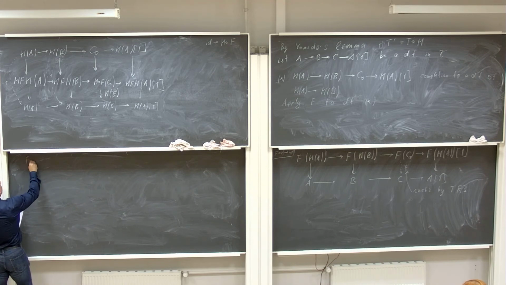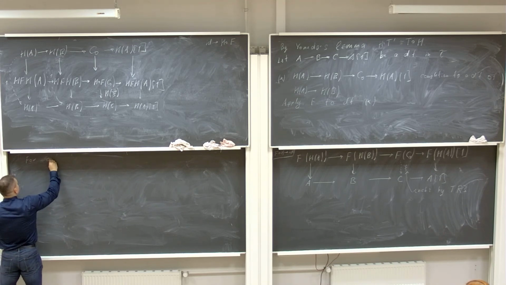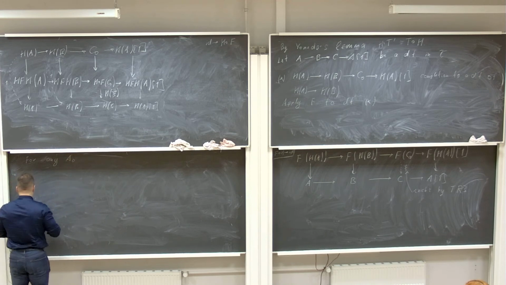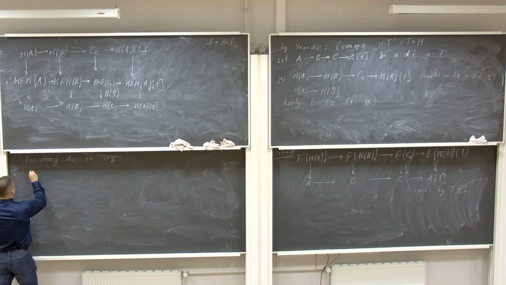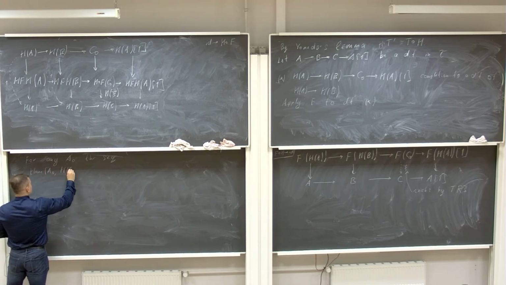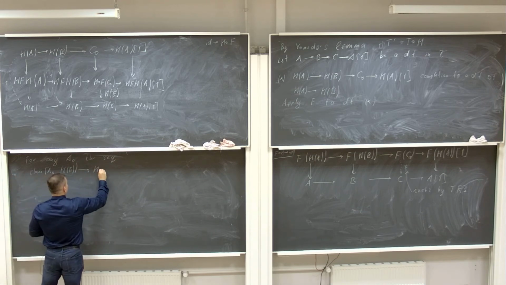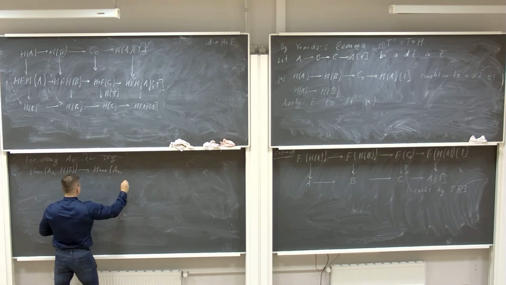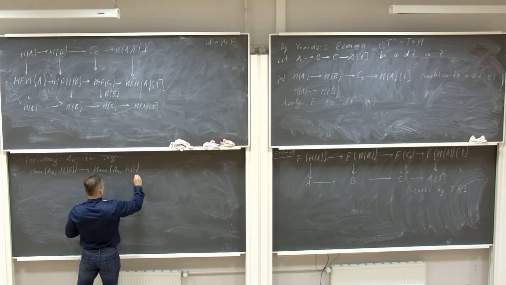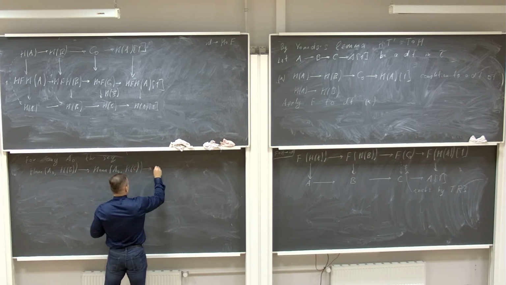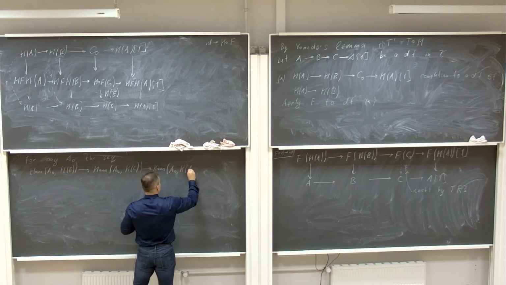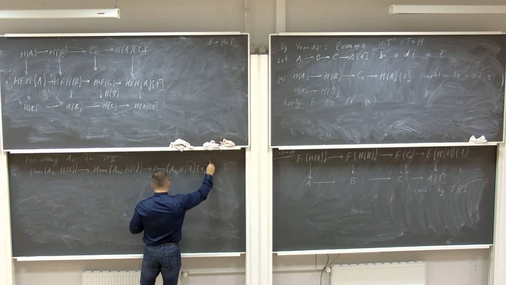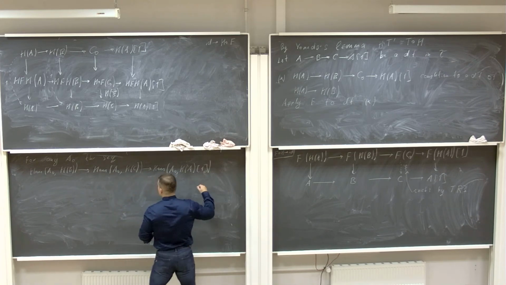For any object A0, the sequence where I have Hom between A0 and h of B, which is mapped to the Hom from A0 to h of C, and this is mapped to the Hom from A0 to h of A shifted by 1. This sequence is exact.